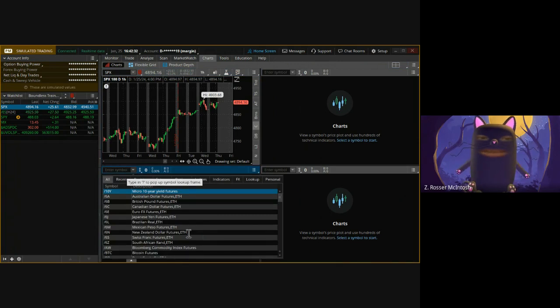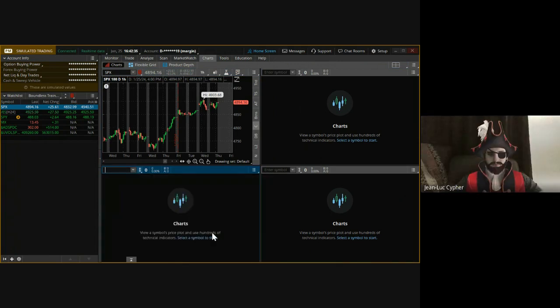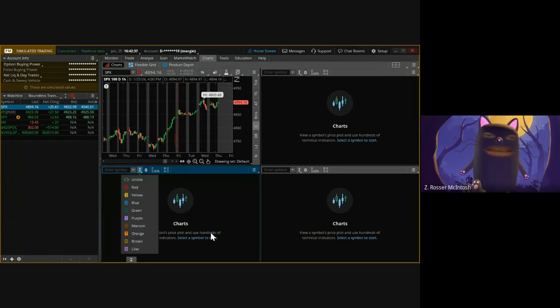We could have that linked to a separate watch list, like the red one. That's how you synchronize different charts to different things.